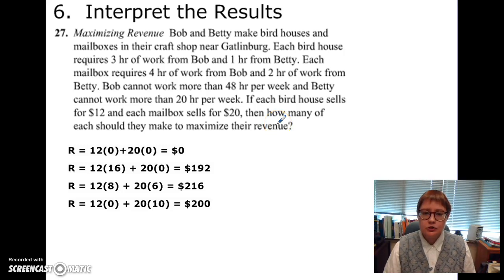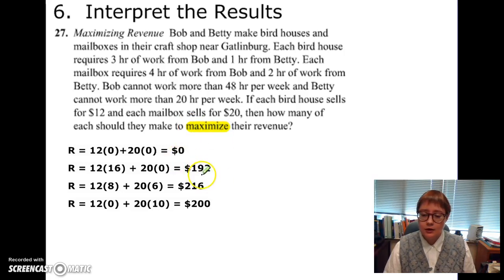Now we're ready to finish the problem. The beauty of linear programming is that the minimum or maximum value of your objective function has to occur at least at one of the vertices. So since I'm trying to maximize my revenue, all I have to do is look through my list of values that I just constructed and find the biggest one, the maximum value.